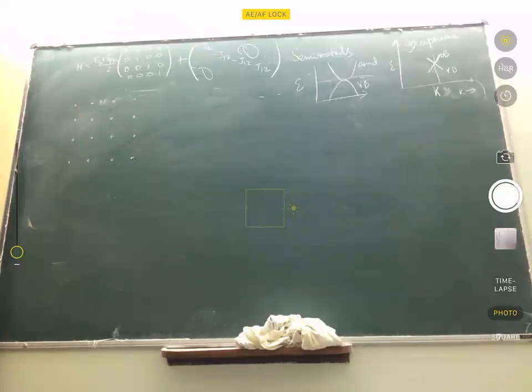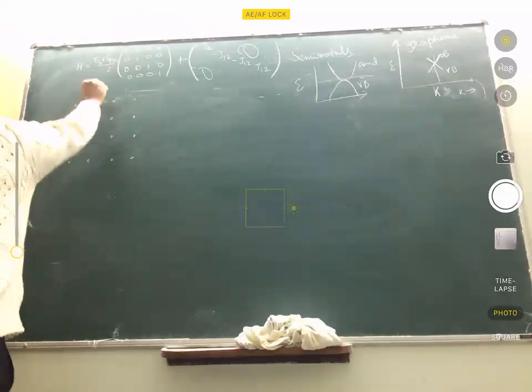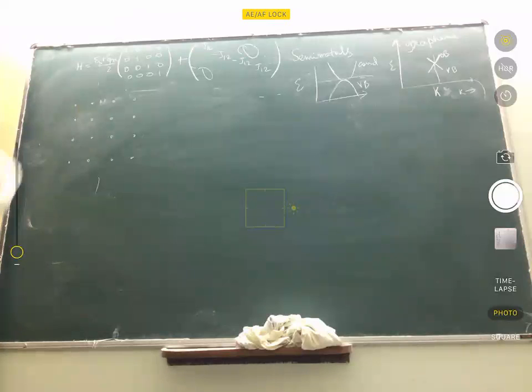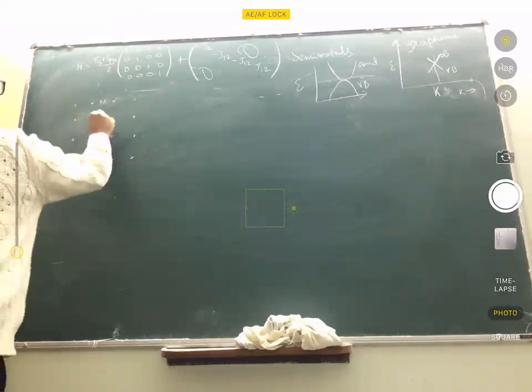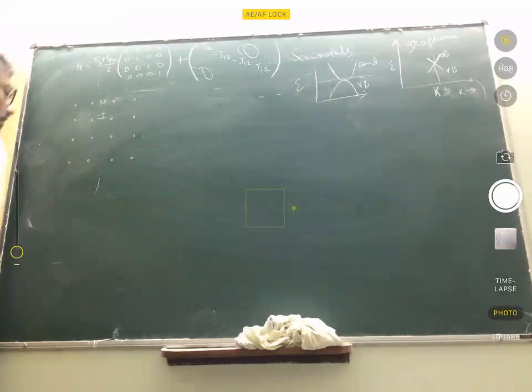So we have this square lattice in 2D, and we describe that with the tight-binding model with the hopping matrix element t. We have studied this.